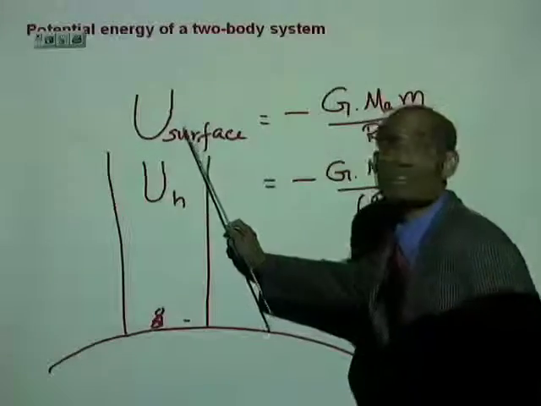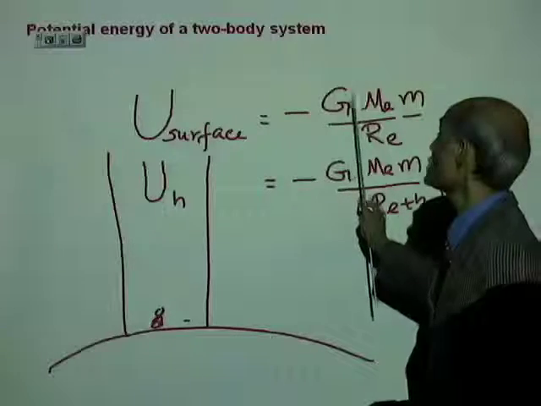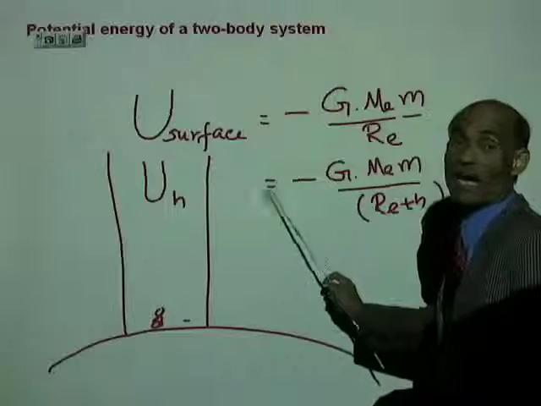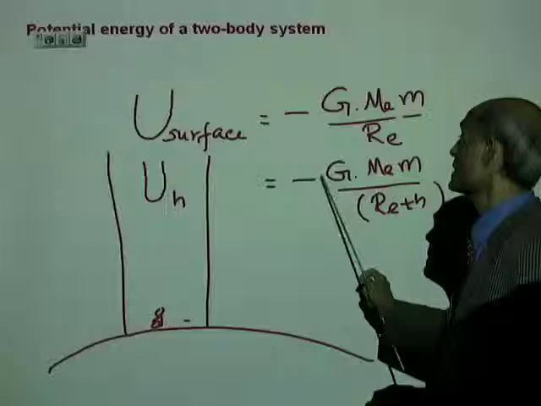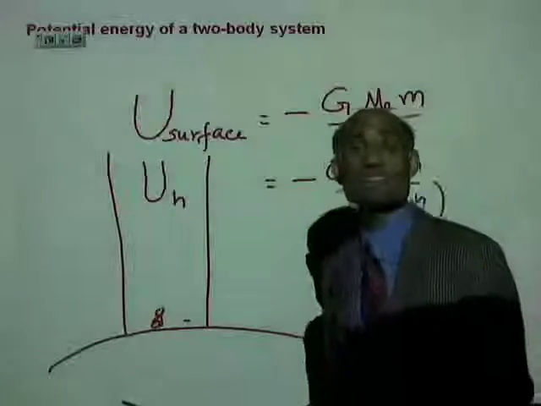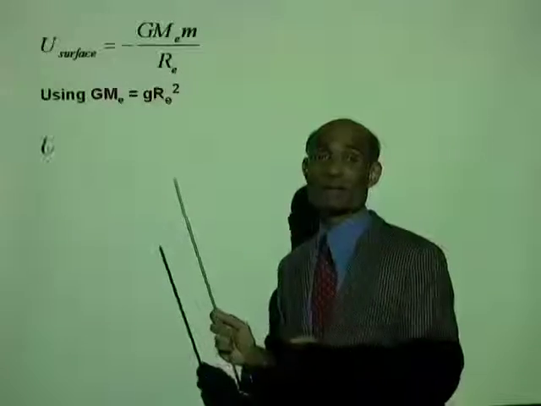The potential energy of an object on the surface of the earth is negative G M_E M over R_E, and potential energy at an altitude h will be negative G M_E M over R_E plus h. G M_E can be replaced by g R_E squared.